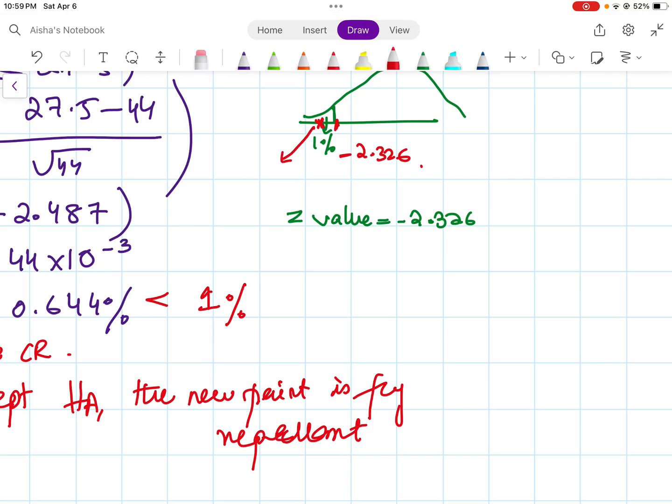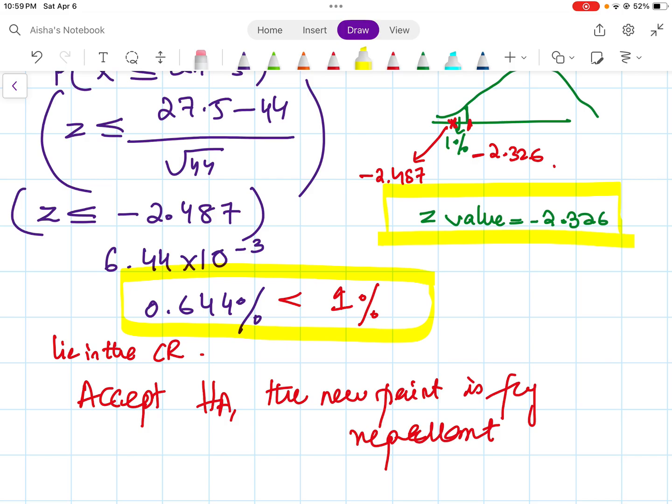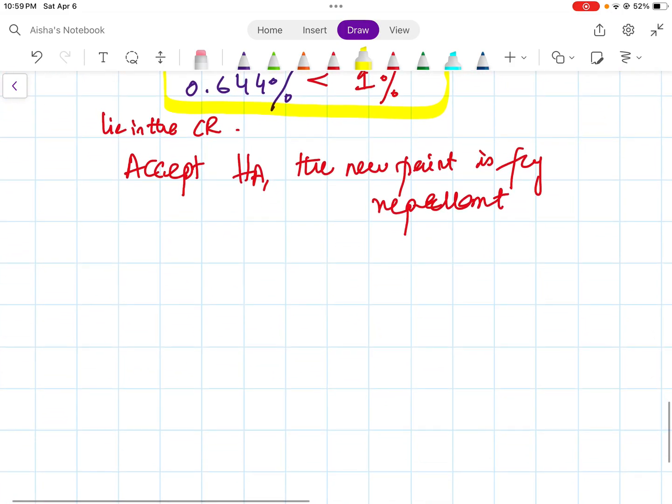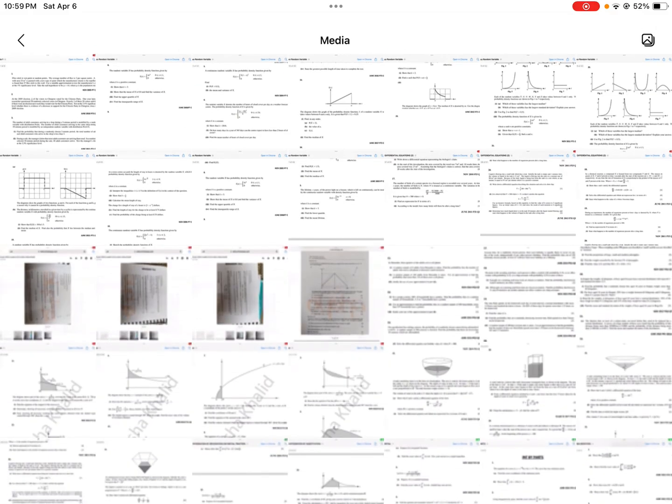So minus 2.487 will lie somewhere beyond that. That means it lies in the critical region. So accept the alternative hypothesis. This is another way of doing it, where you make the decision based on the z value or based on the probability percentage. Both of them are the same thing. There is no problem. Okay, let's look at binomial now.